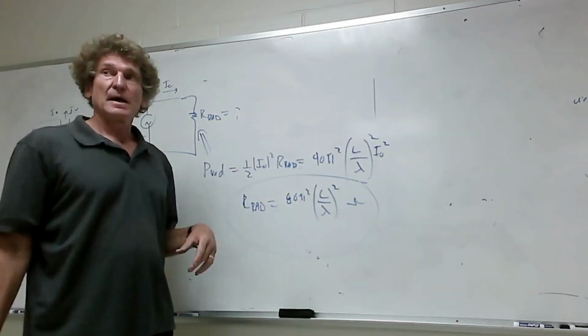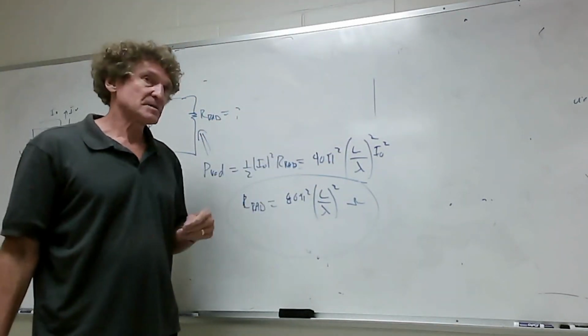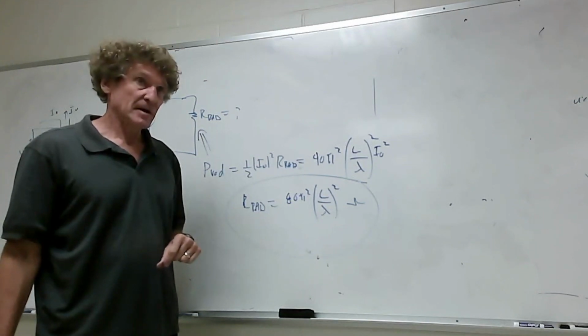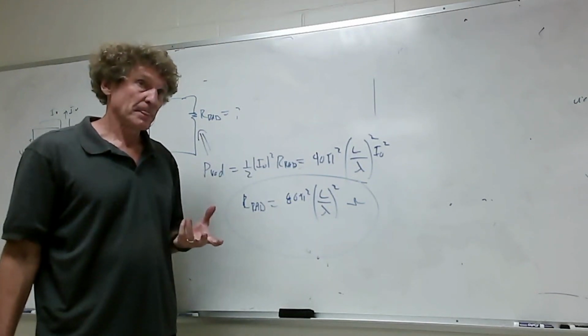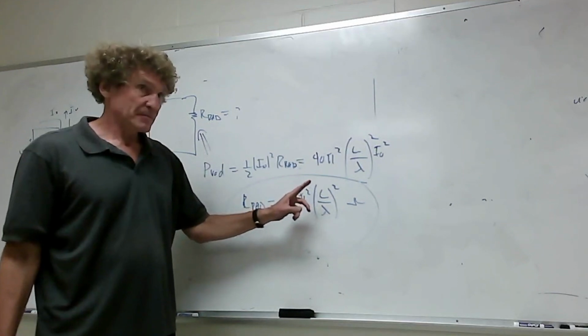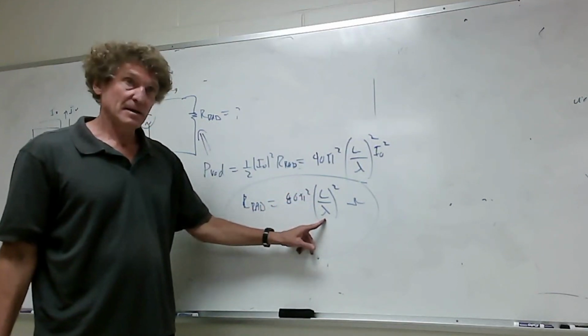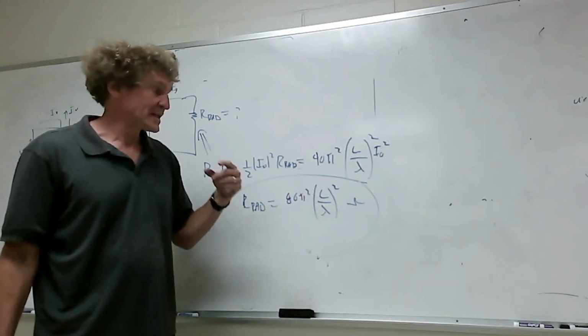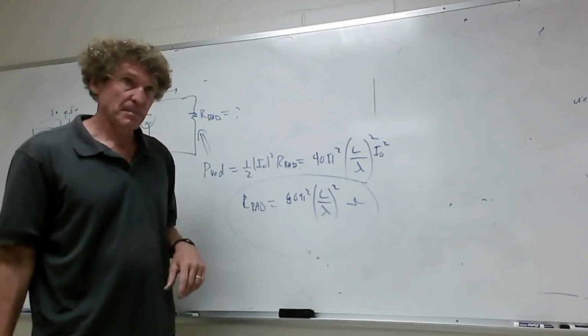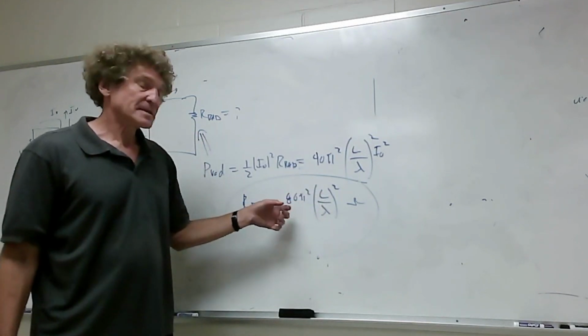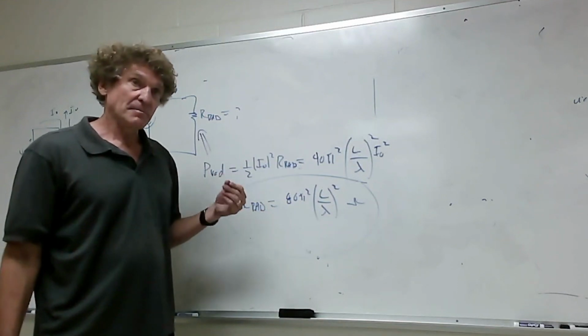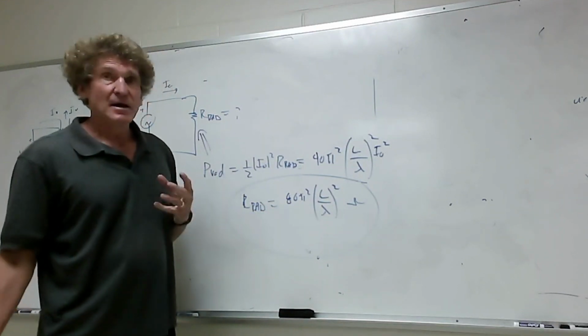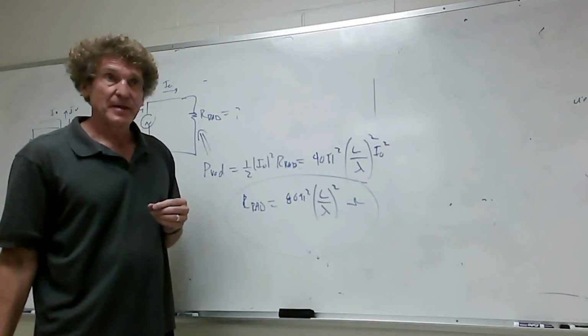You see that? For a short dipole, L has to be less than a tenth of a wavelength, right? So if this is 1/10 lambda over lambda, that's 1/10 squared, which is 1/100th, right? 1 over 100 times 80 is 0.8. 0.8 times pi squared, call pi squared 10, right?